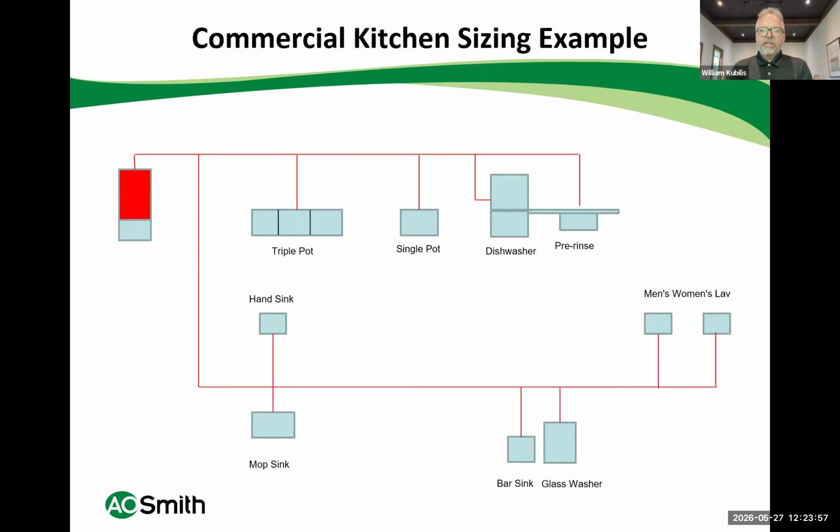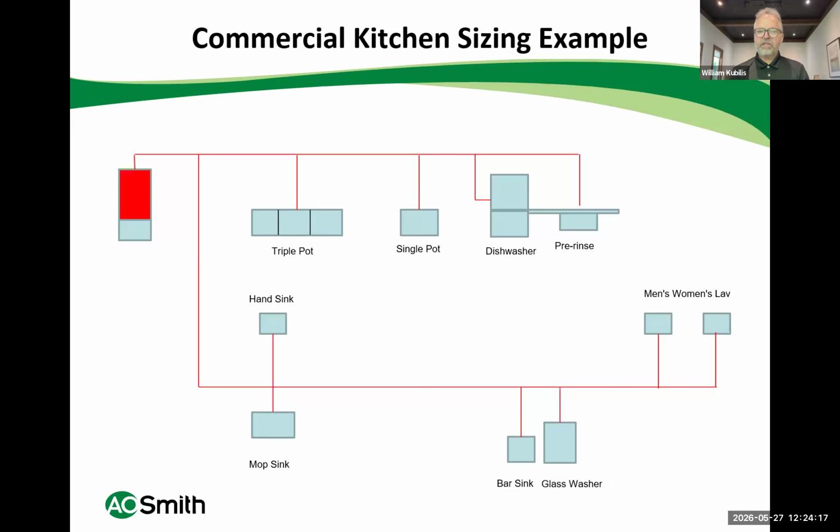So here's my example. Draw out a commercial kitchen. I think this is pretty typical of an awful lot of restaurants. They will all have a triple pot sink, single pot sink, your dishwasher, and a pre-rinse hand sprayer, where the operator rinses off any excess food before it goes in the dishwasher.